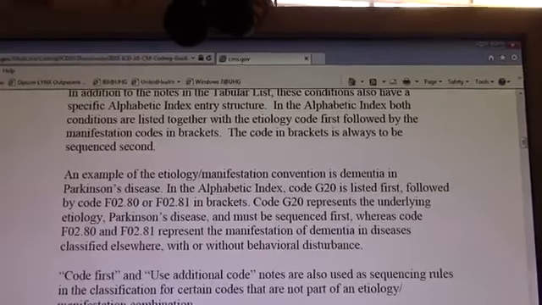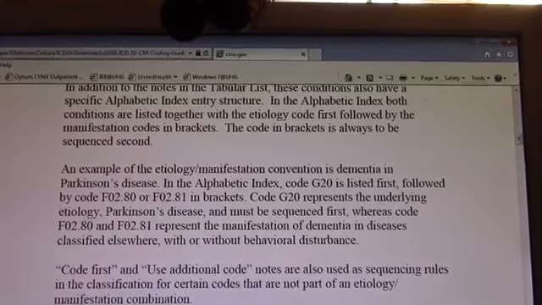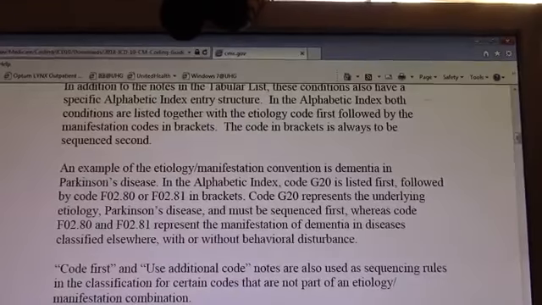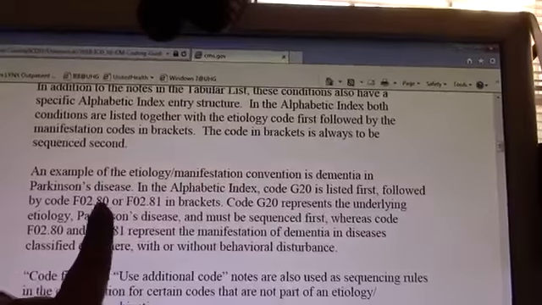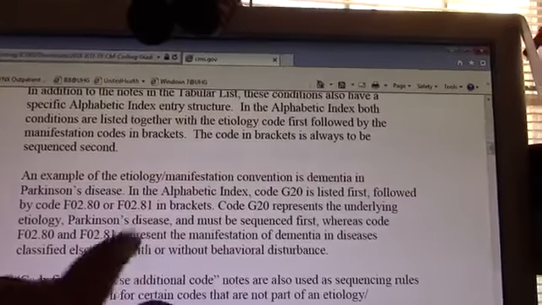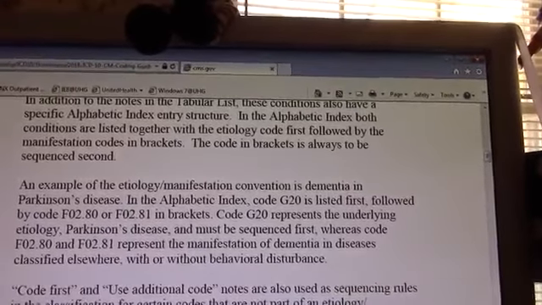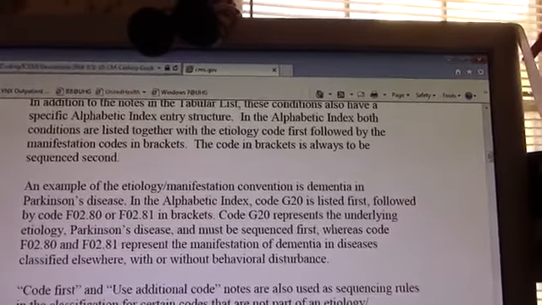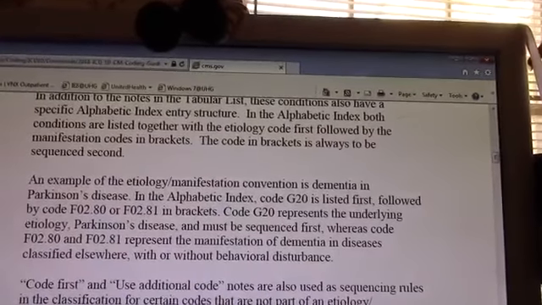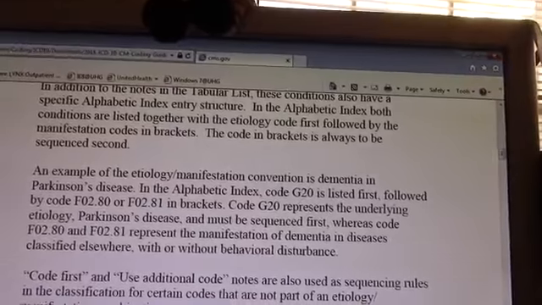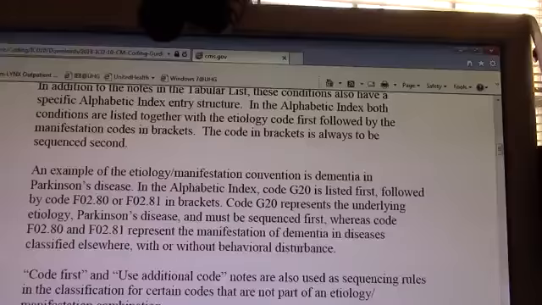What this means is if you have a patient that has Parkinson's disease, for example, oops, by the way, they also have dementia, then this requires two codes. Now, the F02.80 is without behavioral disturbance and F02.81 is with behavioral disturbance. That's the only difference in those two codes. But if your patient has Parkinson's disease, and oh, by the way, they also have dementia, then it's telling you that your G20 represents the underlying etiology, which is Parkinson's, which led your patient then to go into dementia.